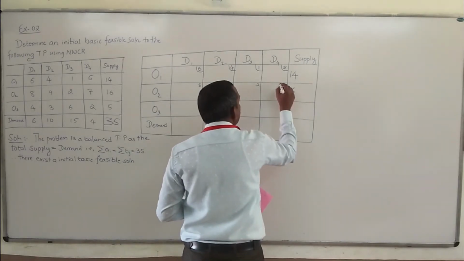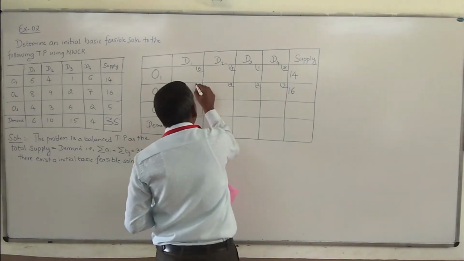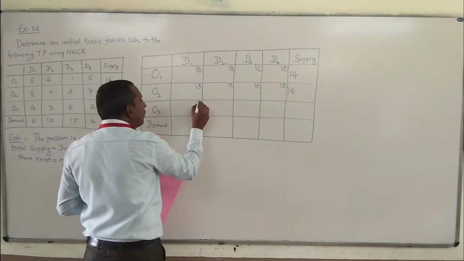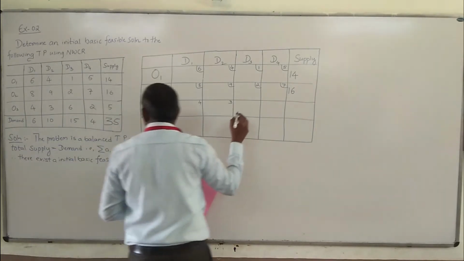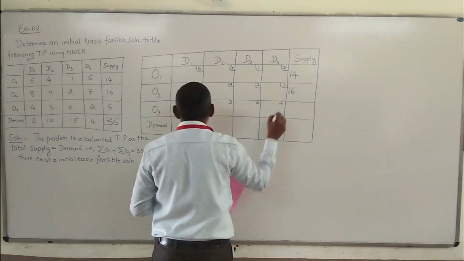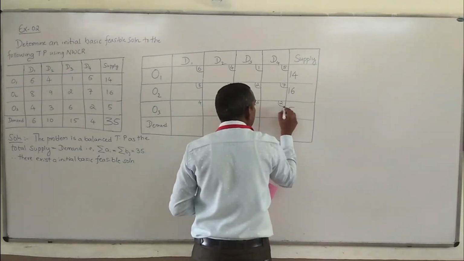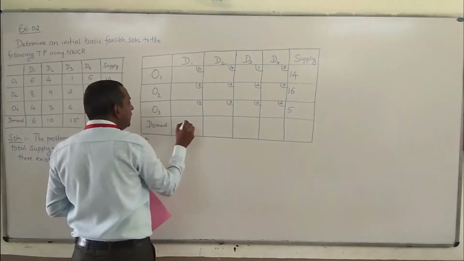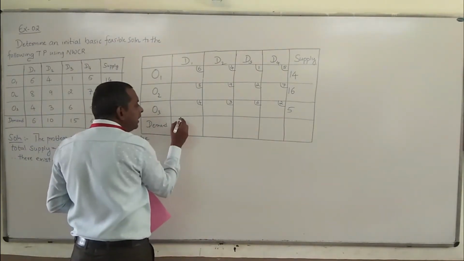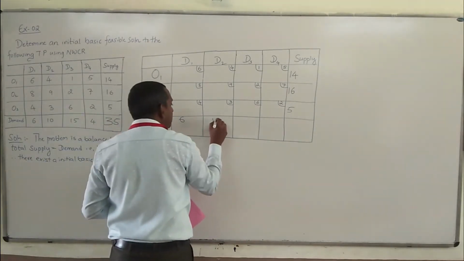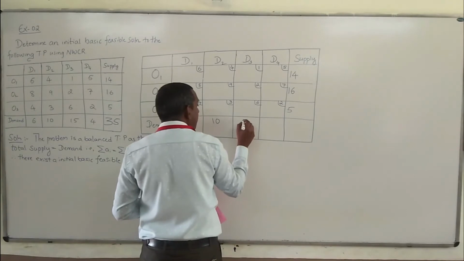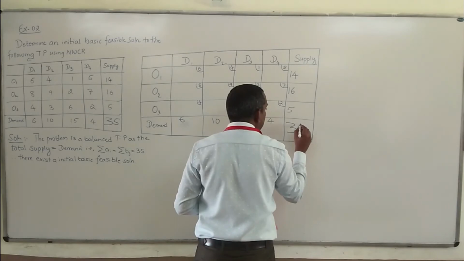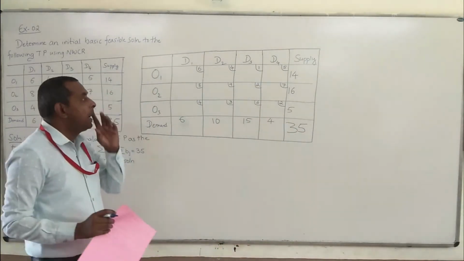Then 4 followed by 3 followed by 6, 2, then 5. Then 6 followed by 10, then 15, and 4. Total supply and demand is equal to 35. So this is how we are supposed to write the table.